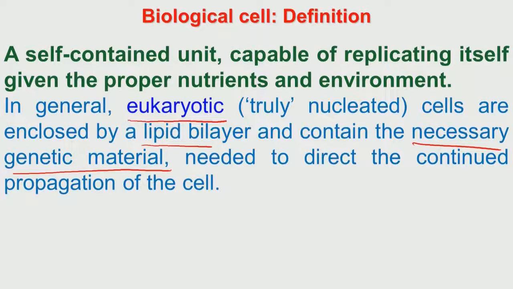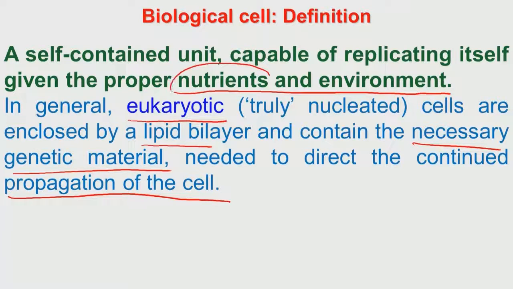So, essentially that genetic material includes the nucleic acids like DNA, RNA needed to direct the continued propagation of the cell. So, there are certain things which are implicitly mentioned here, and I will describe them in much more detail in later part of this course, like nutrients and environment.